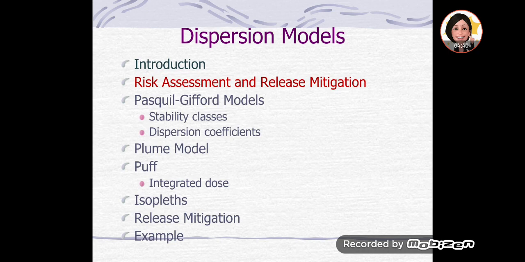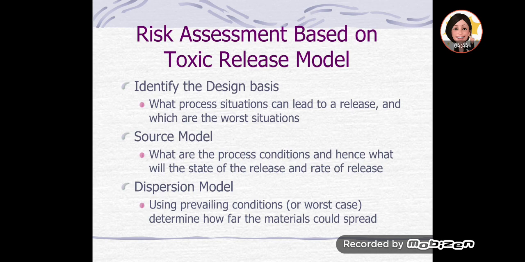Okay, next let's look into risk assessment and release mitigation. So, risk assessment based on toxic release models. First, to reach the dispersion model, we have to identify the situations that can lead to a release, and then we evaluate them from poor conditions to the worst conditions, and then we develop a source model.